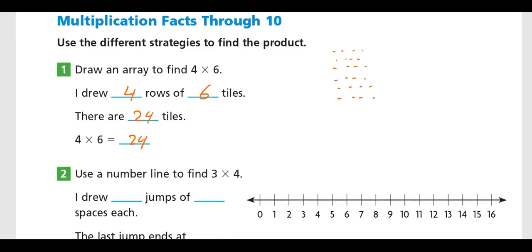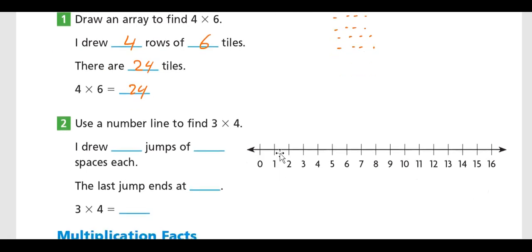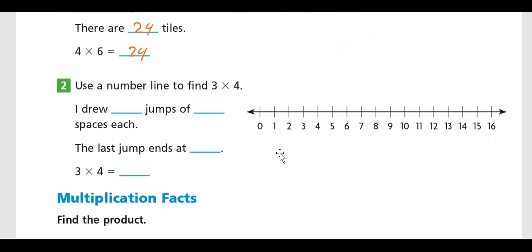Also, if I use the number line to find 3 times 4, we can count from 1 to 3, 3 steps, another 3 steps, another 3, another 3.